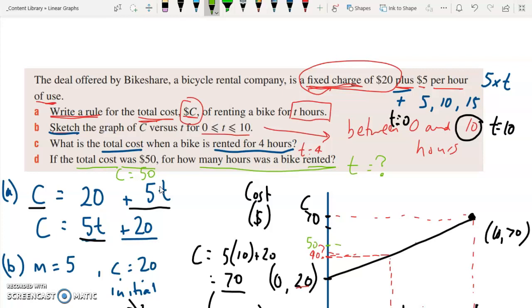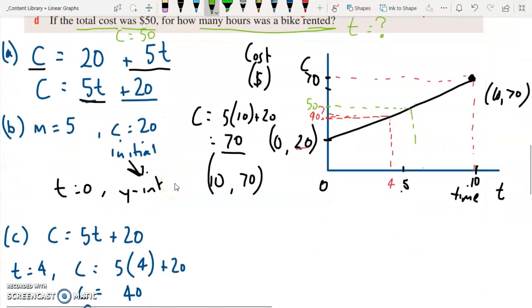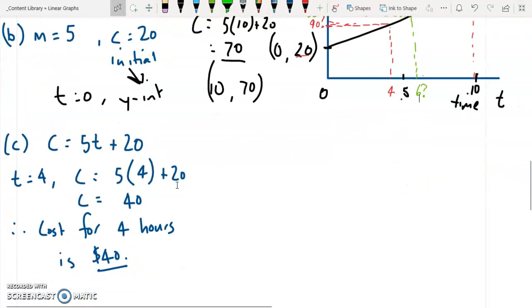Using the graph, we would come across to here, then from there make our way down. I'm just going to scroll down. Still getting used to this pen. So maybe 6 hours. But of course, we're going to do this using algebra just to be sure.